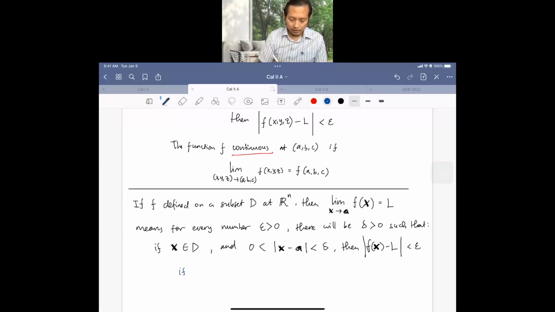if n is 1, then x is just x, a is just a. If n equals 2, then x will be (x, y). Yeah, it's a vector. It's a vector. And this a will be (a, b). Okay.